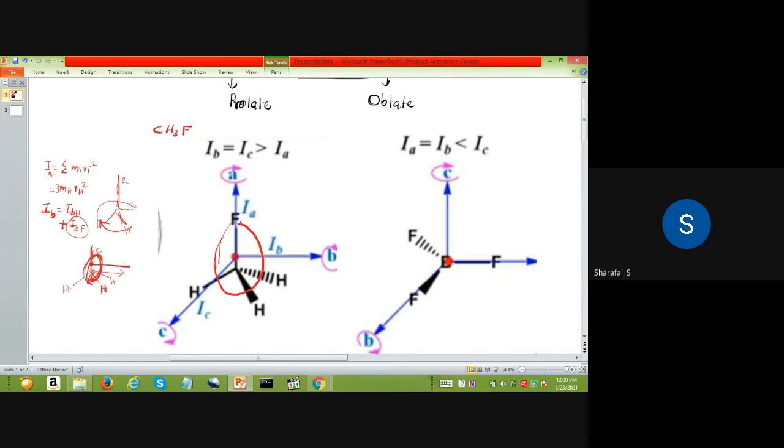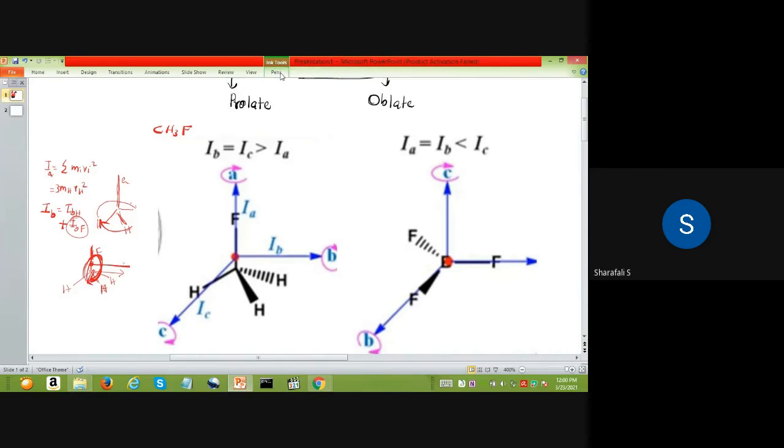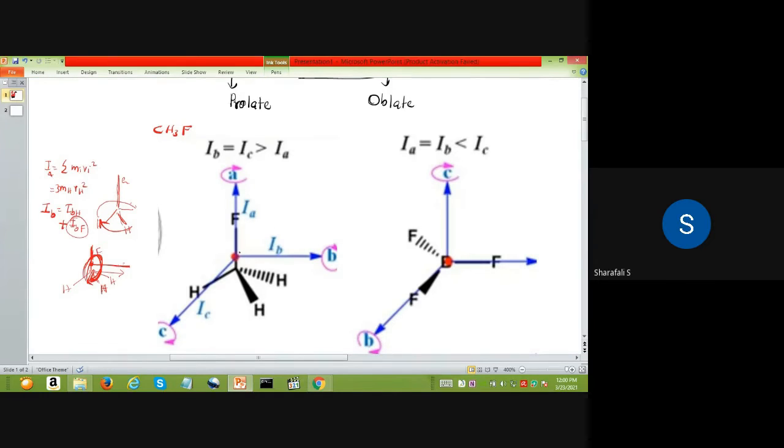About that B axis, you imagine in 3 dimensions, it will be like this. And about this C axis, okay. About this B axis, it will be like this. So this hydrogen and fluorine will be rotating like this about that B axis.